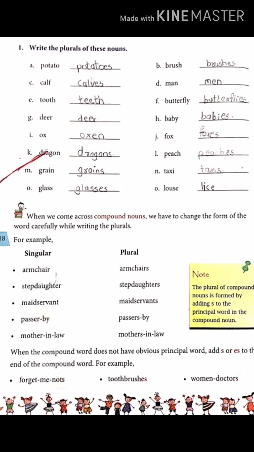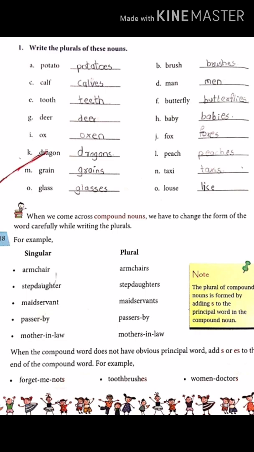When we come across compound nouns, we have to change the form of the word carefully while writing the plurals. For example, armchair, singular, armchairs. You have to only add s to make it into a plural form.